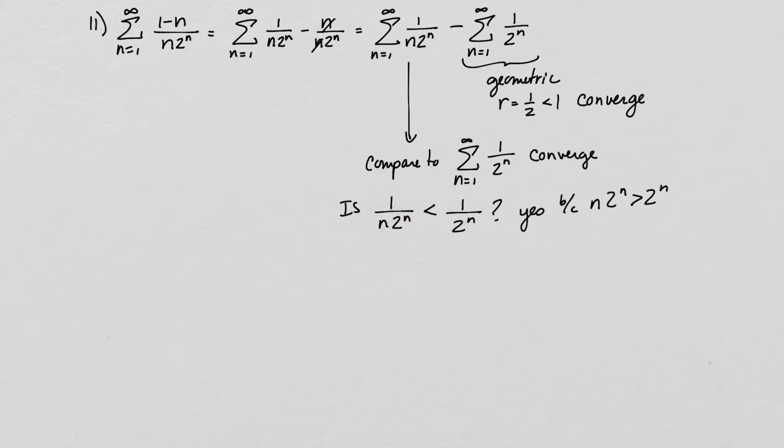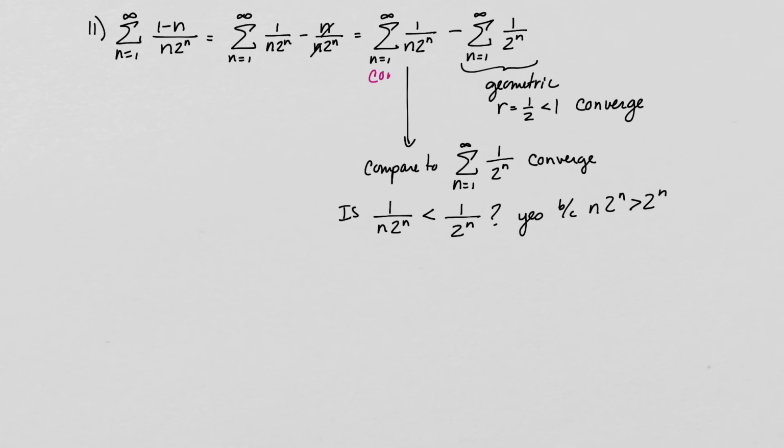So that means this first piece also converges. Since our series is made up of 2 converging pieces that we're subtracting, the whole series converges. Therefore, the original series converges.